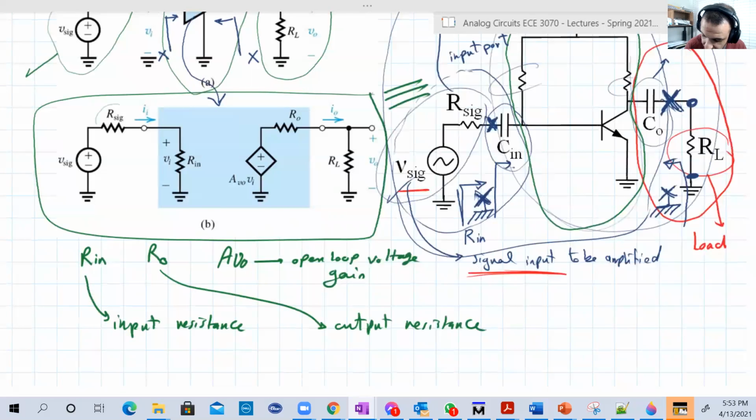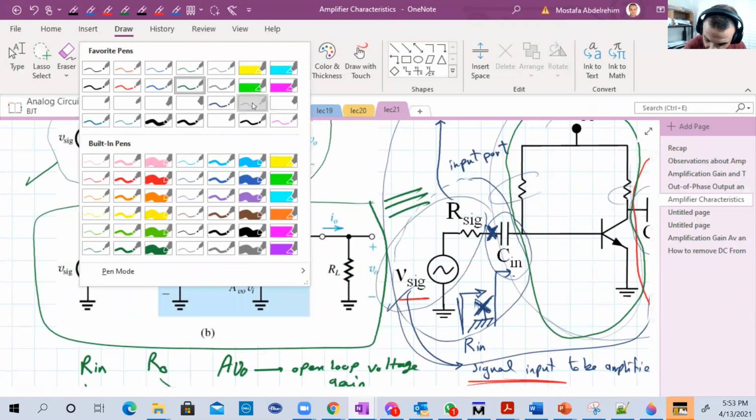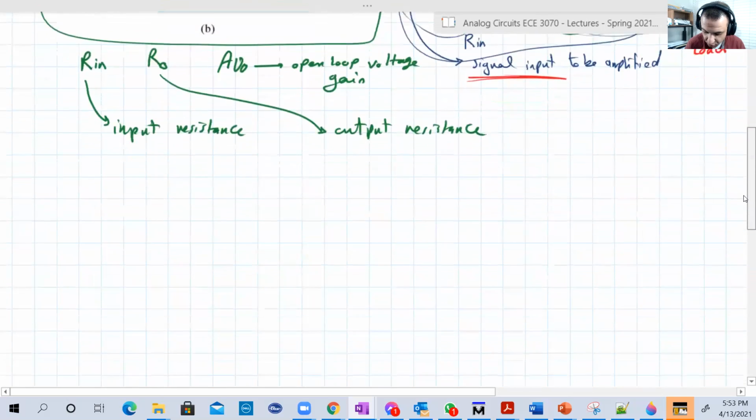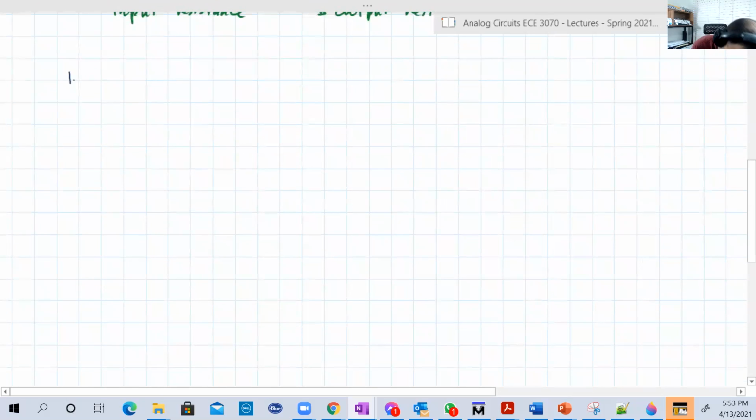Okay, let's go back to our normal color. Number one, the amplifier output resistance.